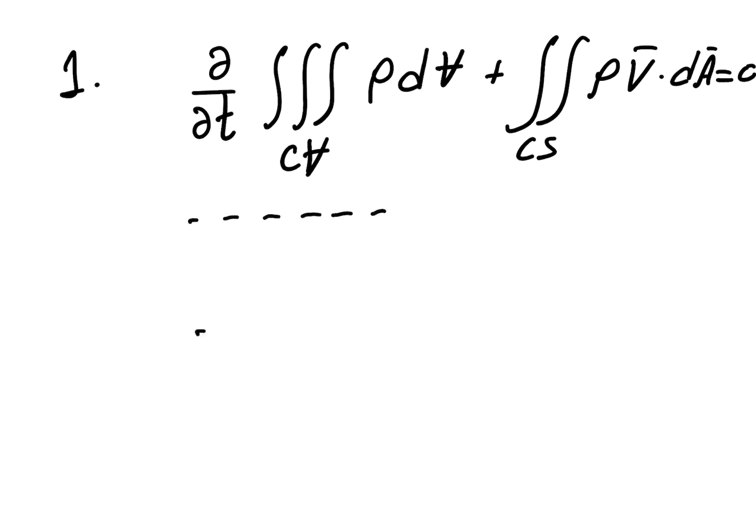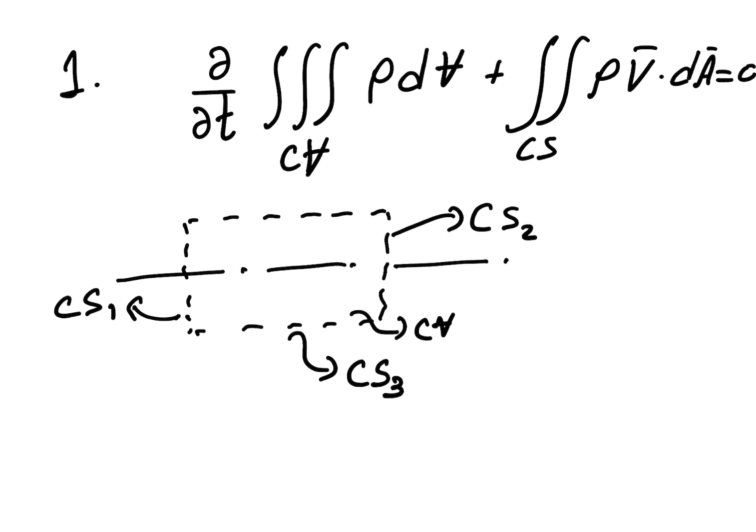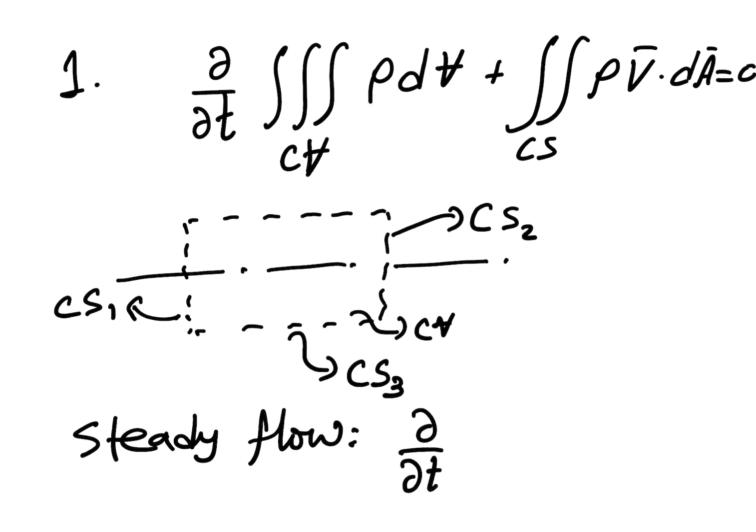Your control volume is a cylinder. Draw this as the axis. Okay, the control volume is the cylinder. You want to mark this control volume, and then this is your control surface, CS1, CS2, and then control surface 3. Now, first of all, this is a steady flow, which means the time derivative is 0. So we can just drop the first term.